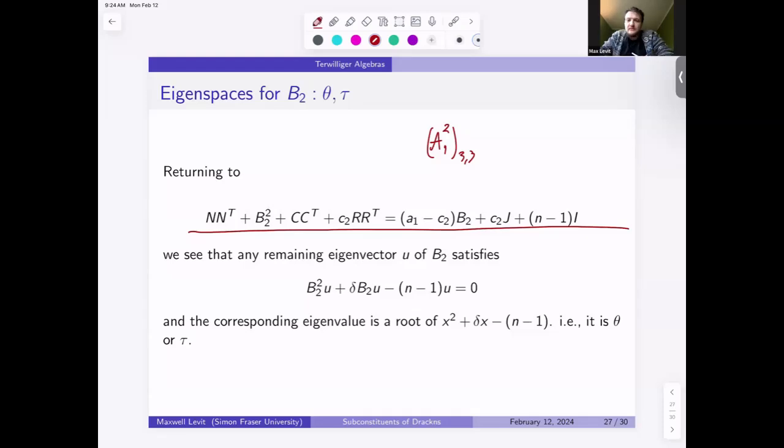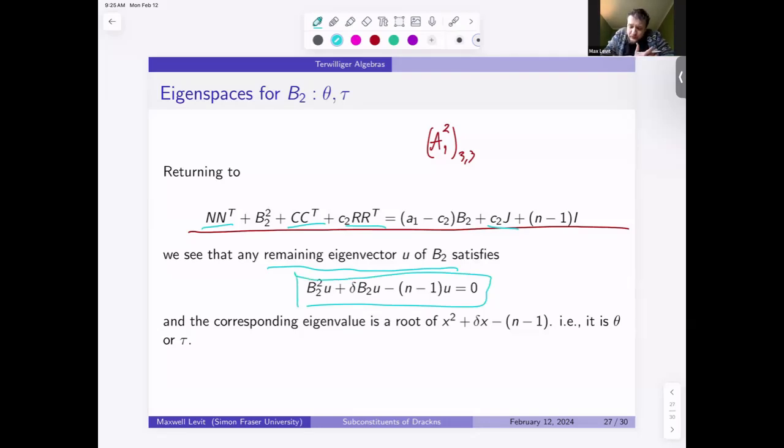It starts off as a fairly ugly equation, but if I have any eigenvector for V2 which wasn't in one of those spaces that I already described, then it's going to be orthogonal to this bit, to this bit, and to this bit as well. So a bunch of what's up there falls away, and the eigenvector has to satisfy this equation.